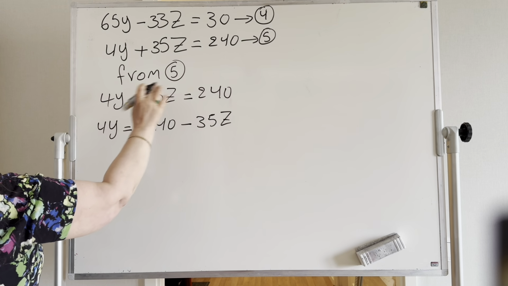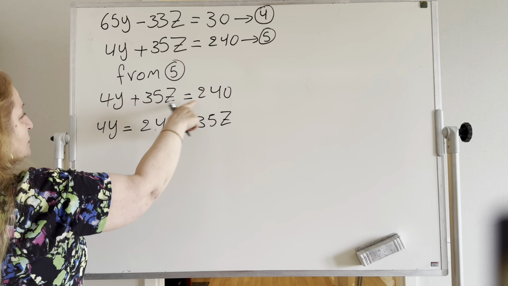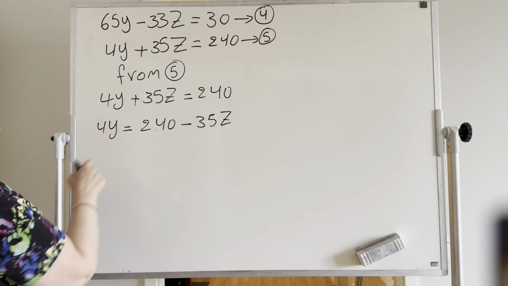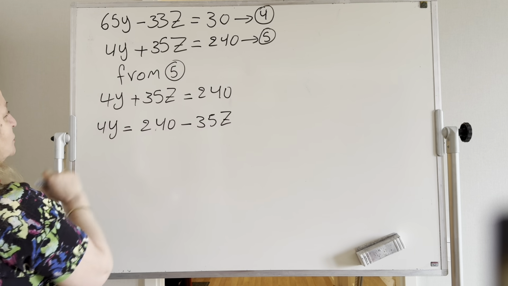When I change the place of 35z to another side of the equal sign, I will change the sign also. It will be minus.